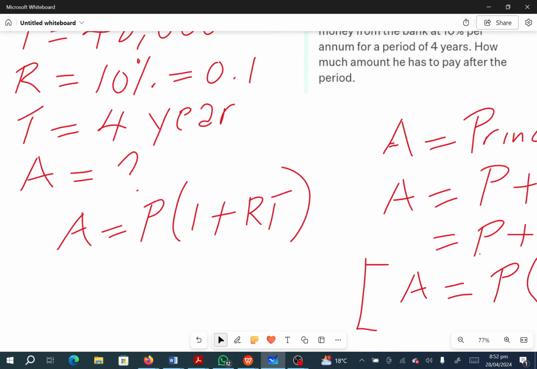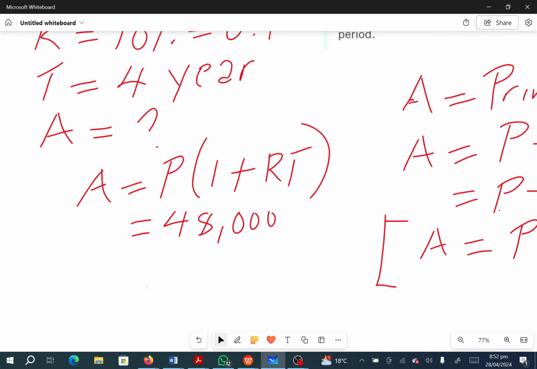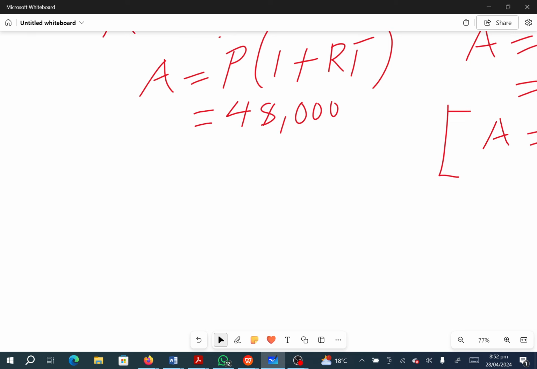Then we are going to replace the values into this formula. Our principal amount is 48,000.